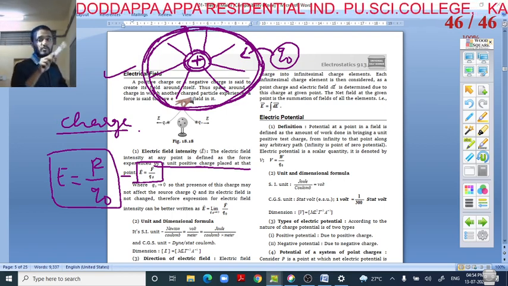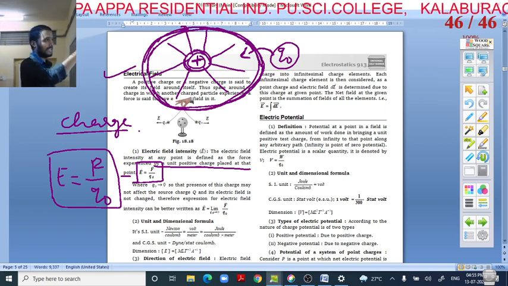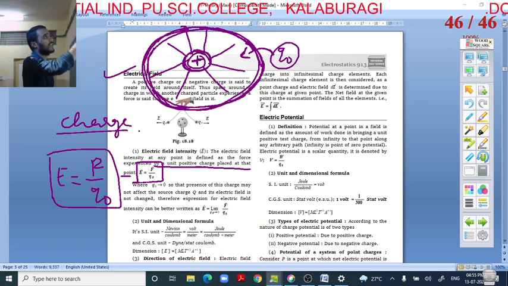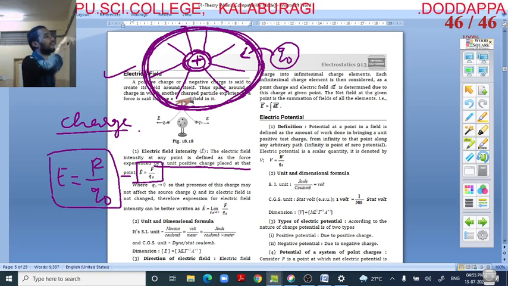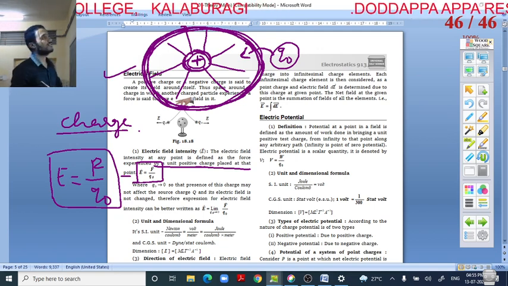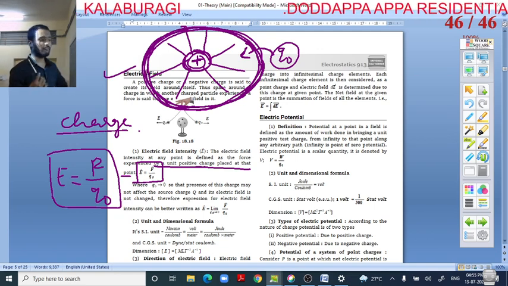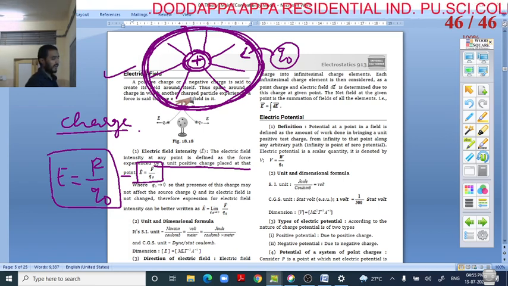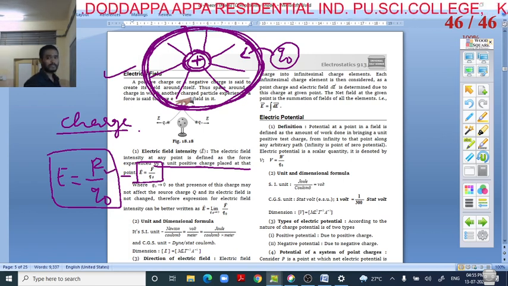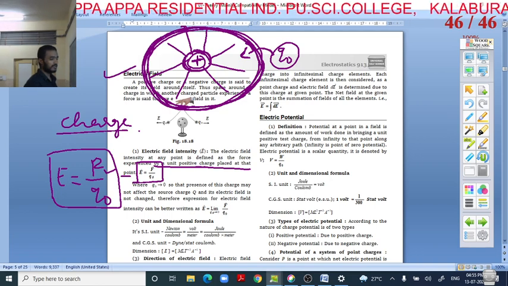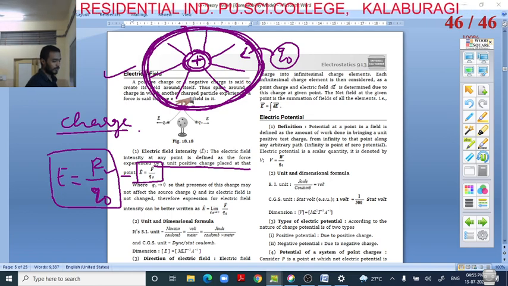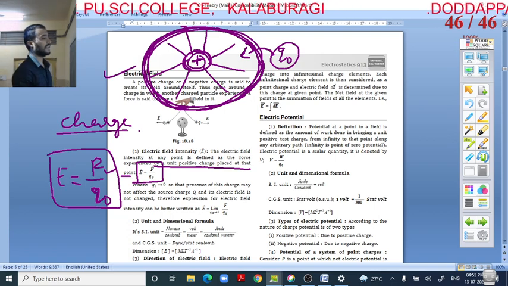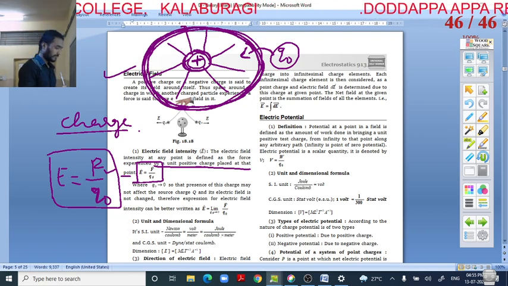Up to what maximum region this charge can exert force, that region I will call the field of this electric charge. So the electric field is defined as the force experienced by the unit positive charge due to the source. This is the electric field.